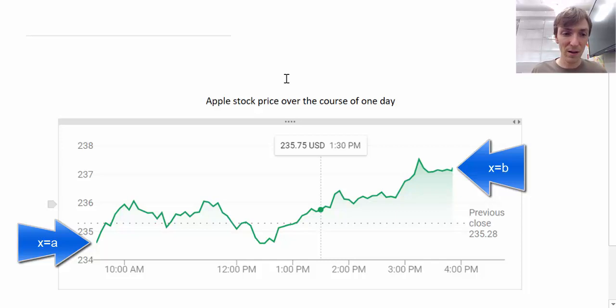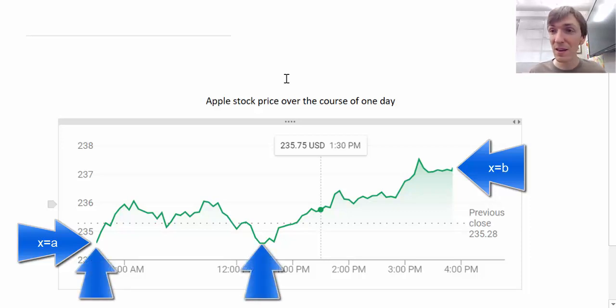All right, well, there's kind of a debate here, I have to say, whether this is the minimum or this is the minimum, or maybe they happen to both be the minimum. Maybe the smallest y value happens right here and right here. But remember, it's not really the x value, it's the y value. So the smallest y value can happen at two different points. And that's actually okay.